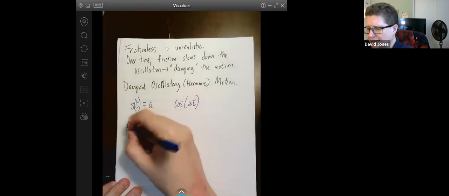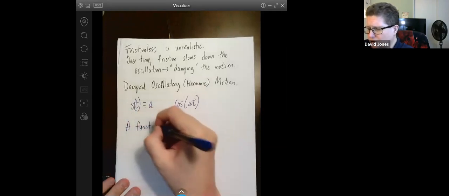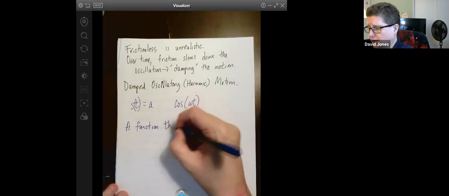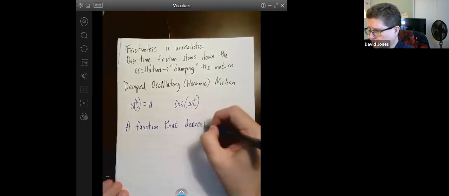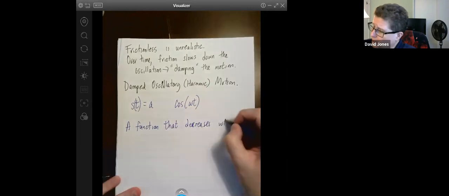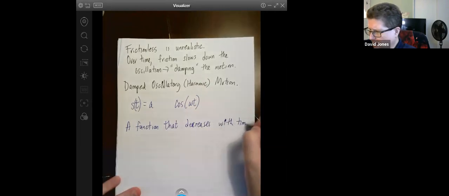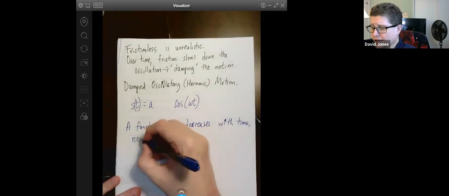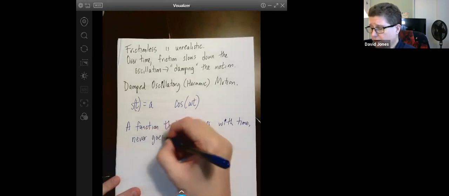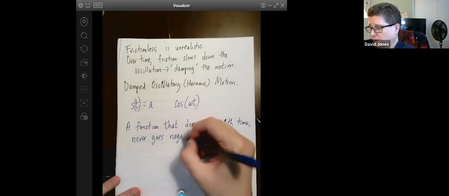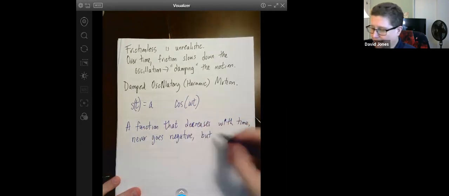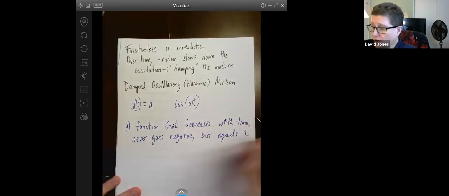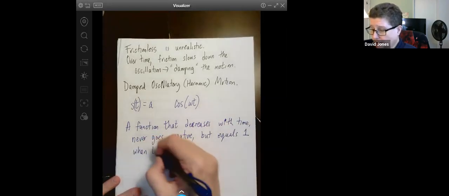A function that decreases with time but never goes negative, and equals 1 when t equals 0.